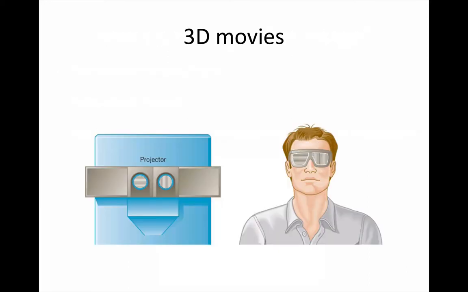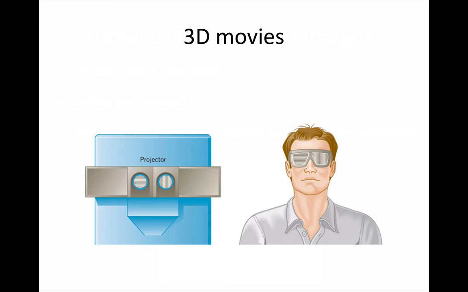In a 3D film, there are two separate rolls of film with footage shot from two positions roughly eye distance apart. They're then projected using a projector with two lenses, each one with its own polarizer. The two polarizers are at right angles.